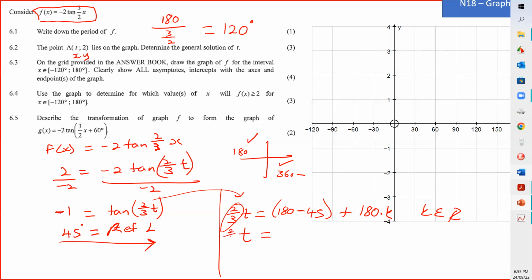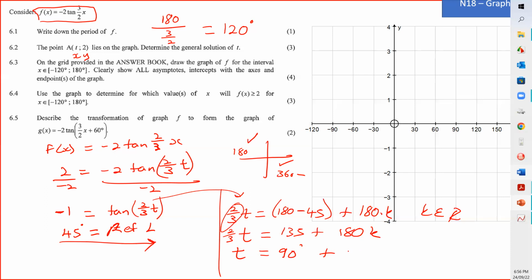Okay, let's keep the 2/3 and do that in the next step. So we've got 135 plus 180k. And then I'm going to multiply right through by 3/2. So the 3/2 will cancel. 135 times 3 divided by 2 will actually give me a 90. I hope that's right.